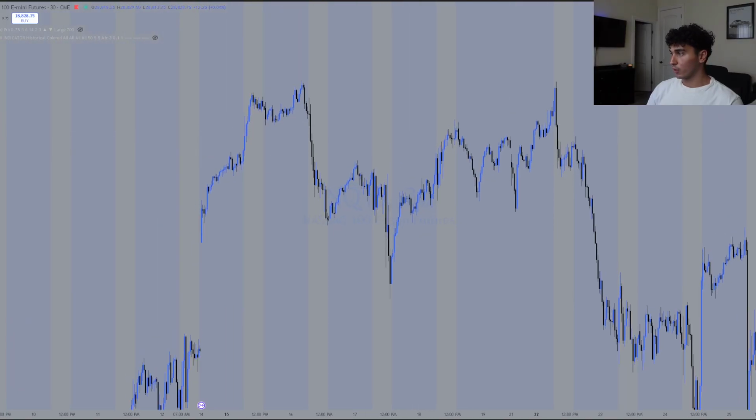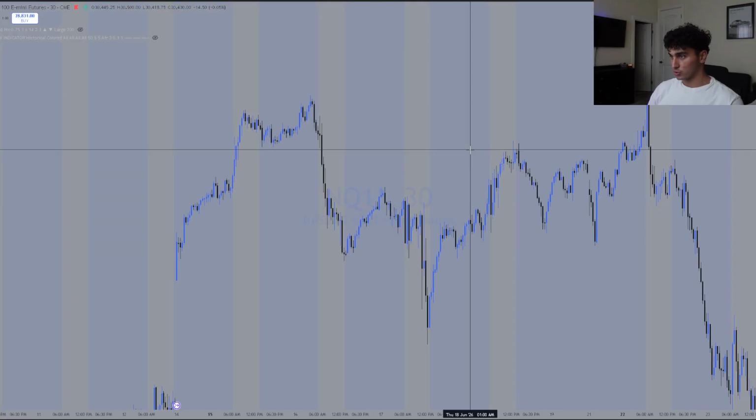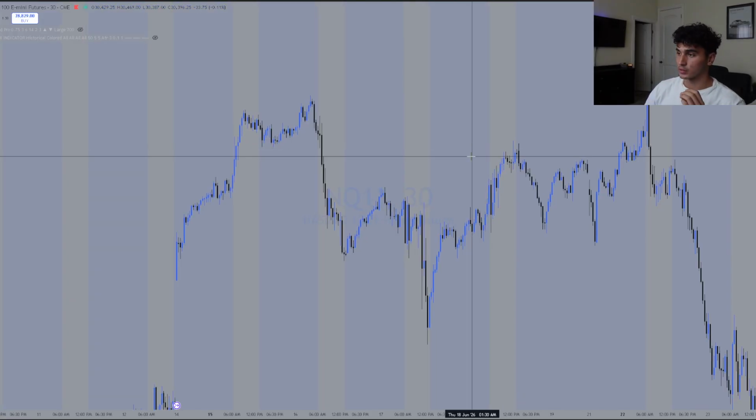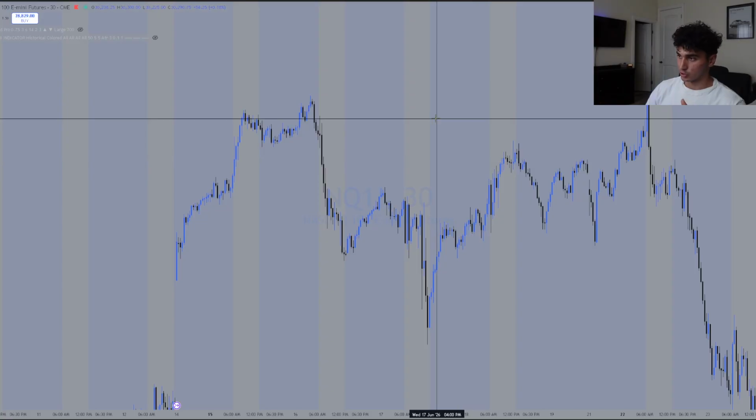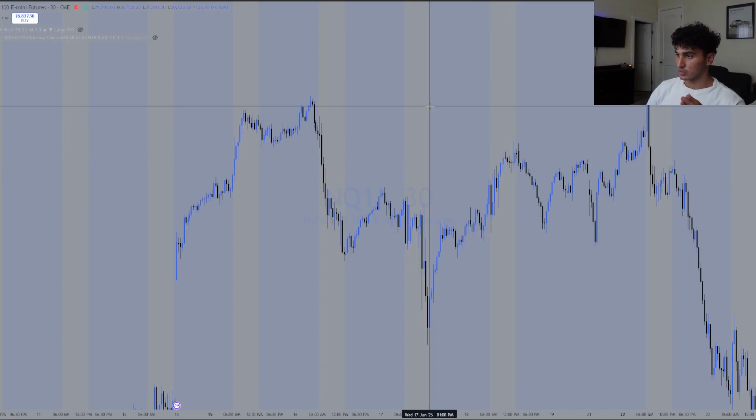Now, what we want to do is mark out the candle that started the move, essentially. Because like I said, these supply and demand zones are essentially just price ranges where price either presented an excessive amount of buying or an excessive amount of selling.